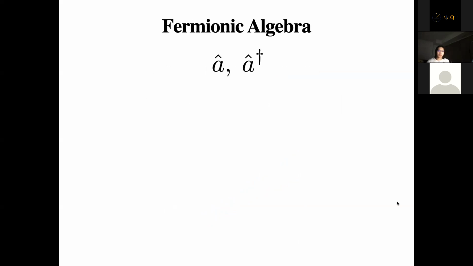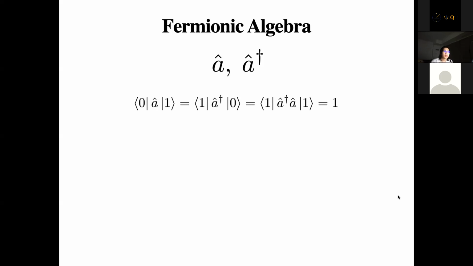Now, I'll talk briefly about the Fermionic Algebra, because to go into the next method, we will have to have some background. So here you see A and A dagger. These two sort of matrices will replace the role of X, Y, Z that you saw earlier. They're also very simple because they're working with these 0 or 1 states.